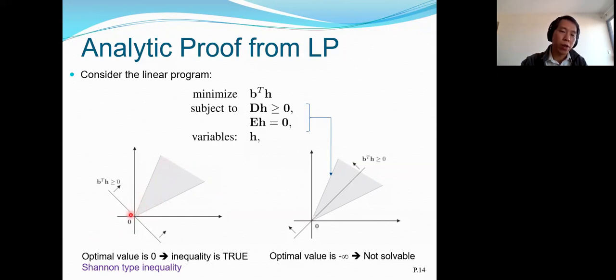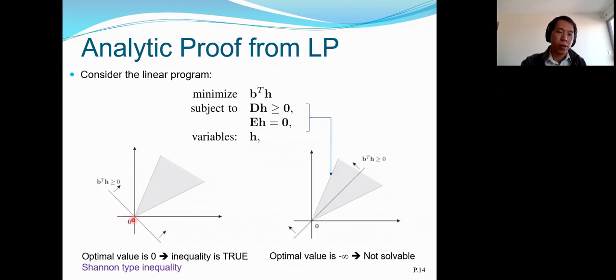We move to a point that is the limit, and then we find the minimal value of this expression. I use a convex cone because all these inequalities are linear and also pass through the origin. That is, when you substitute h equal to 0, then it is equal to 0. So that's why I draw a cone here.